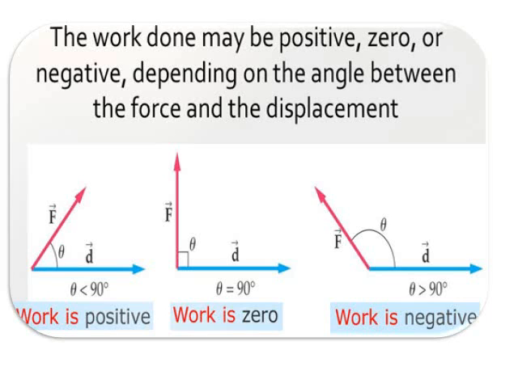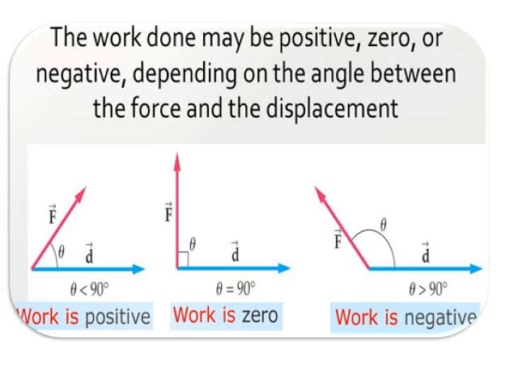When the angle made by the force and the displacement is exactly 90 degrees, then we say the work done by the force is 0. When the force makes more than 90, that is an obtuse angle, then the work done in this case is negative.